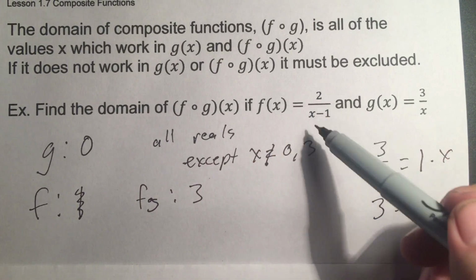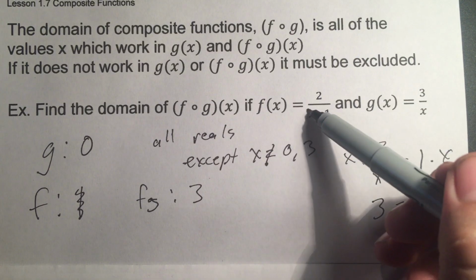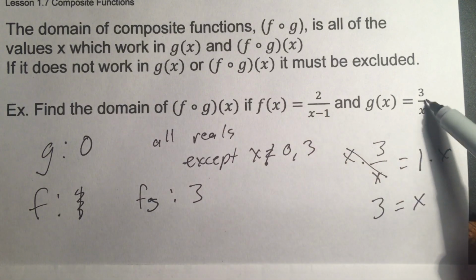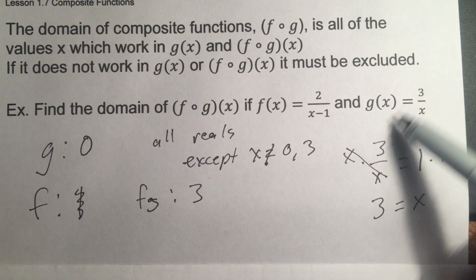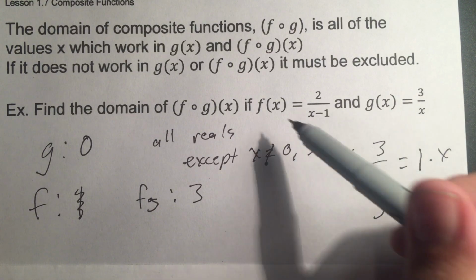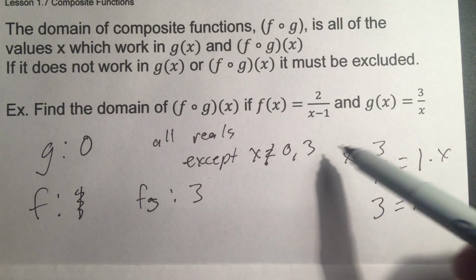If we look at our f function, well, 1's going to be the problem, but what we get out of g goes in for x. So even though 1 is the issue, we have to look at what's going to make g be 1, so that when it goes in here it causes problems. Well, 3 over 3 is 1, so that's what causes problems there. That's why I restricted it: x can't be 0 and 3.